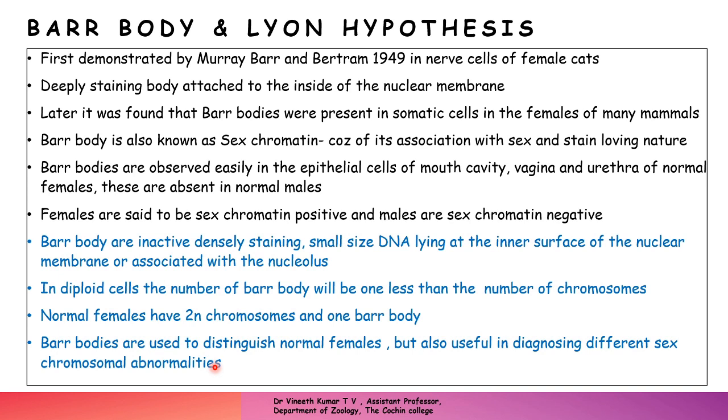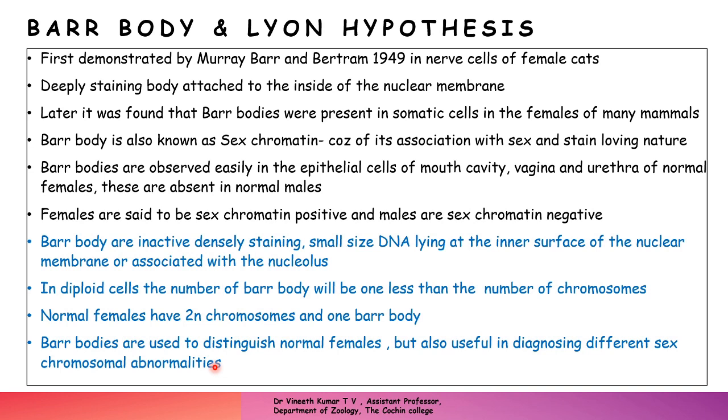If there is a Y chromosome, the embryo will move towards maleness. Normally, males should not have any bar body. But if a bar body is present in a male, that indicates he has an extra X chromosome, and that is a syndrome called Klinefelter syndrome.